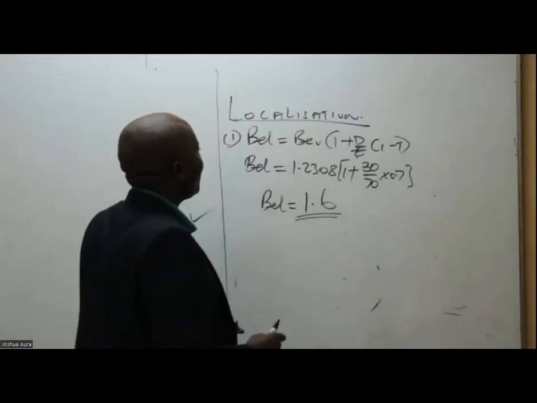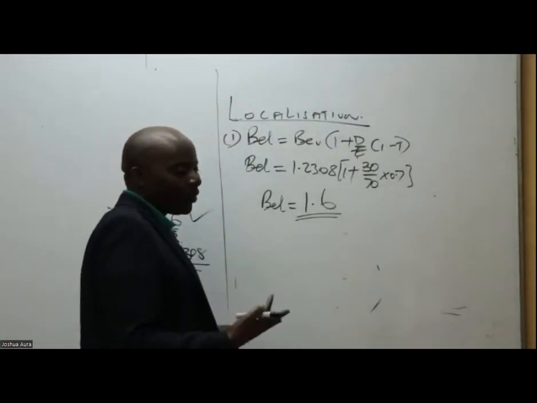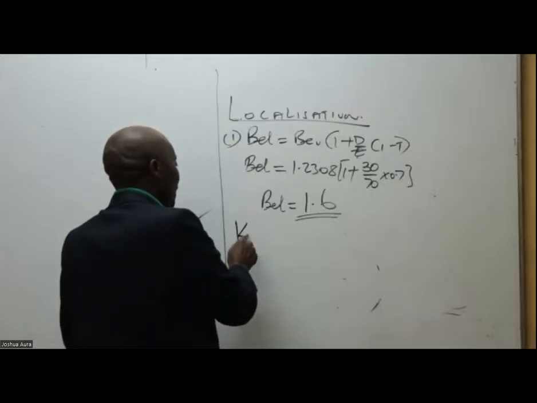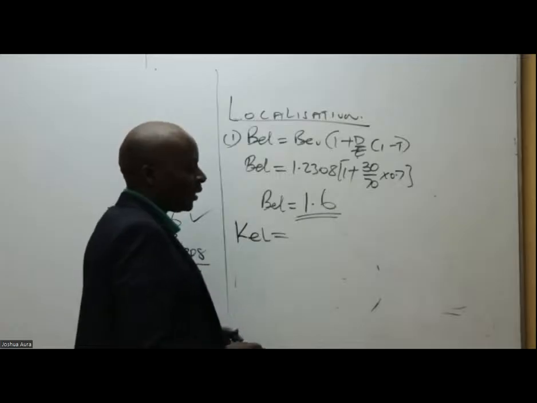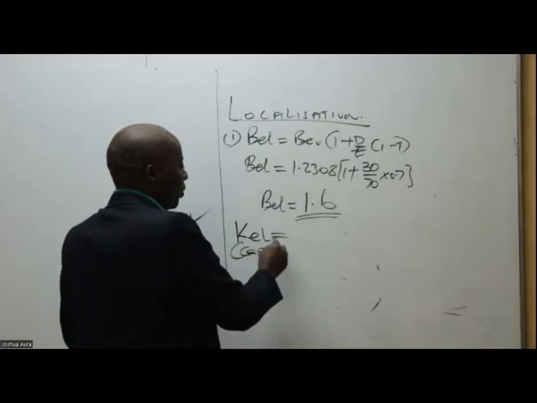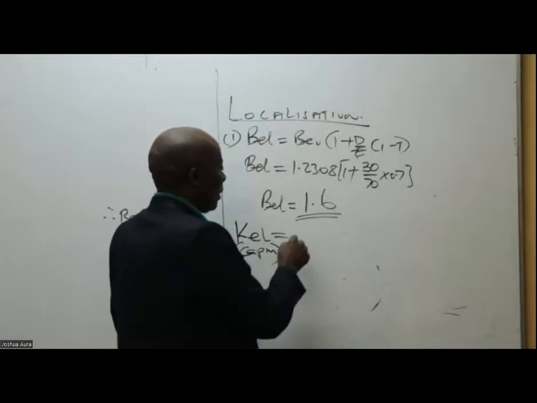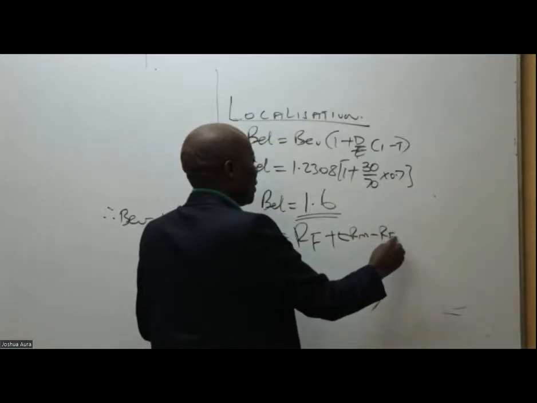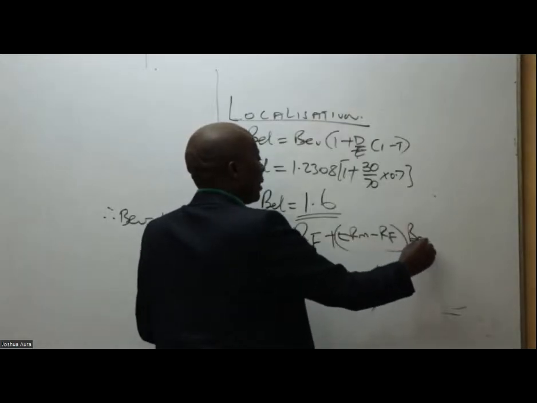So after localization, still on Roman 1, the next thing should be the cost of equity, CAL. Here we are using CAPM. CAPM is risk-free plus expected return of the market minus risk-free, multiplied by the BEL we have just obtained.